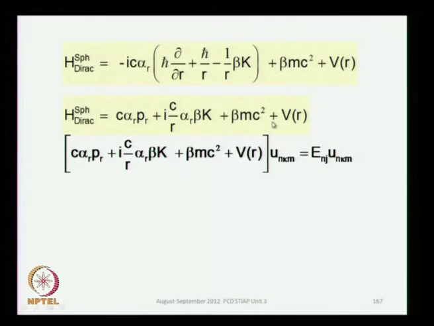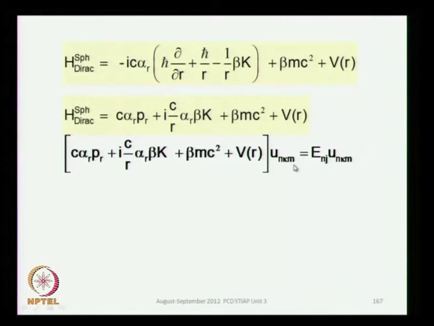Now, what we need to do is to separate the radial and the angular part, and that is the non-trivial part that I had mentioned. So, let us work with the Dirac Hamiltonian, and we have the beta k operator. So, this is the Hamiltonian, this operating on an eigenfunction which is now designated by the quantum numbers n, kappa, m.